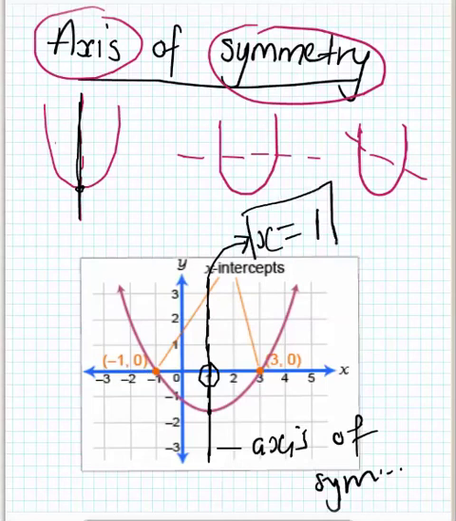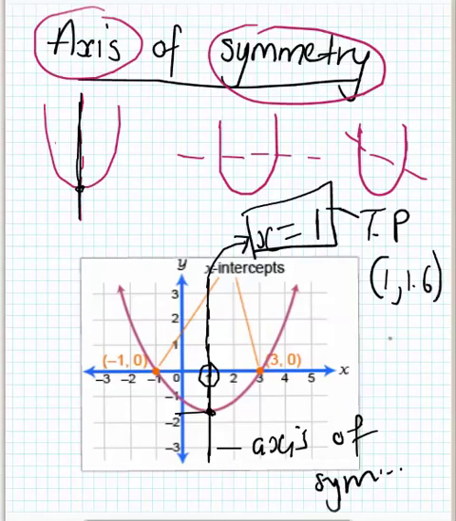This is a vertical line, and we know how to draw it from our chapter in term 1, and it passes through exactly halfway on this parabola. This x value is actually the x value of the turning point. So if I had to write the turning point, I would say x is positive 1, and to estimate the y-axis value for that turning point, I could say it's approximately 1.6.